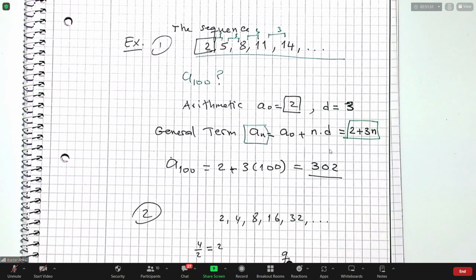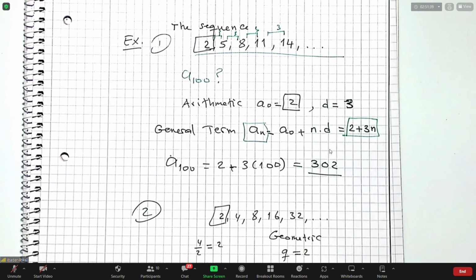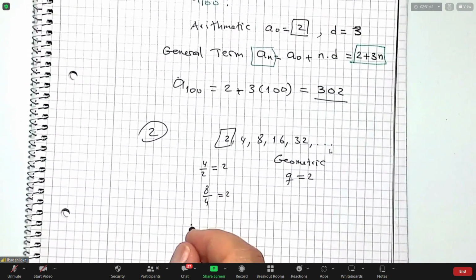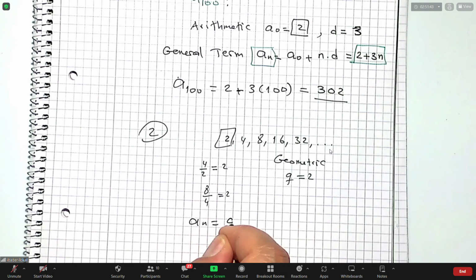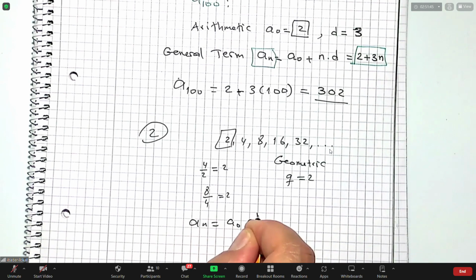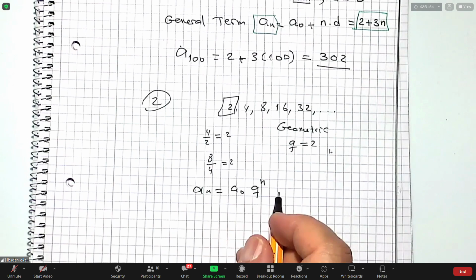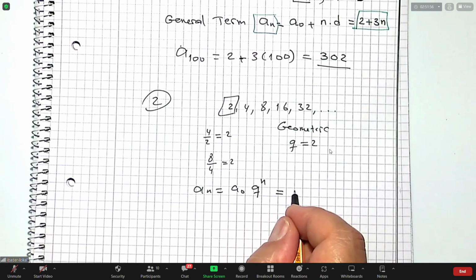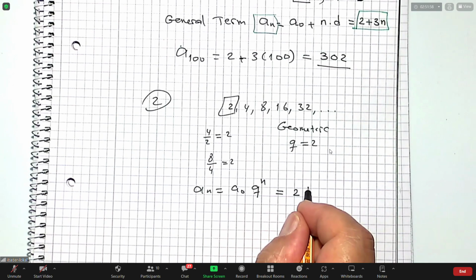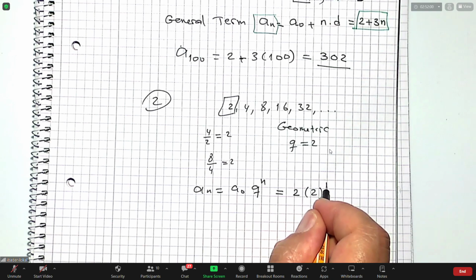So here Q equals 2, and this is geometric. And this is the first element. So an equals a0 times Q to the power n. Now here, please be careful. If you start with A1, then it's Q to the power n minus 1.